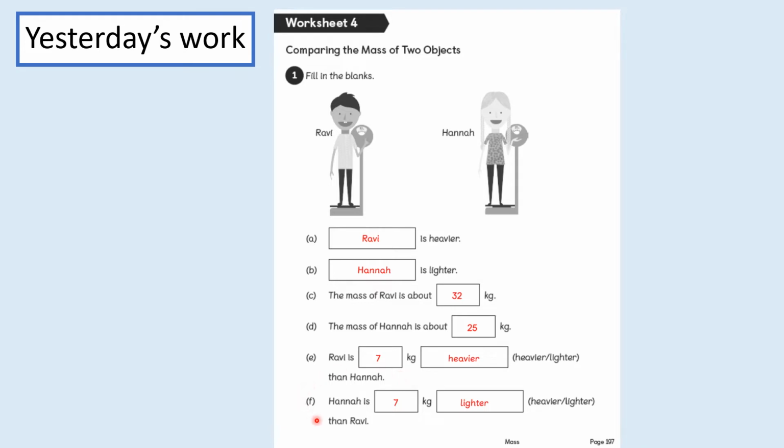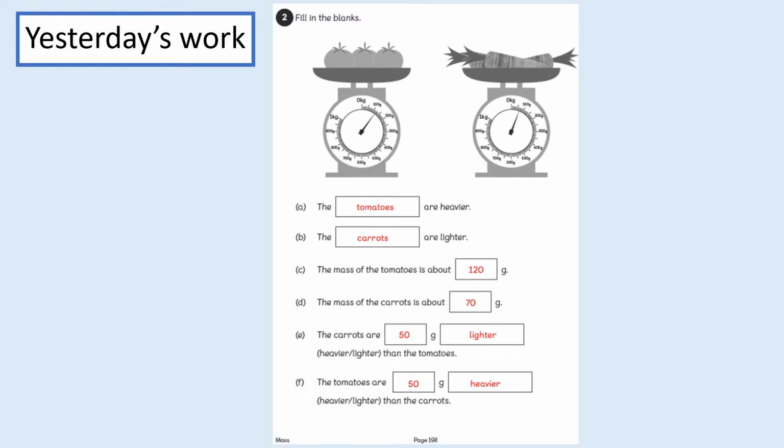And then the last one, F, Hannah is 7 kilograms lighter than Ravi. Well done. Okay, and then on the second page, we were comparing the mass of the tomatoes with the mass of the carrots. And this time the numbers were a little bit clearer and the scales were a little bit easier to read, which was very good news.